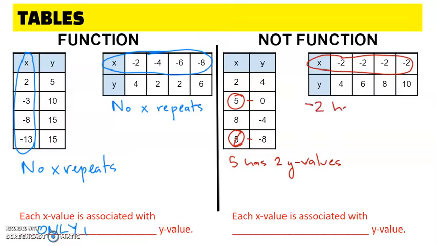Negative 2 has multiple y values. Again, as soon as it repeats once, it's not a function. Each x value is associated with more than one y. It has to only have one y value.